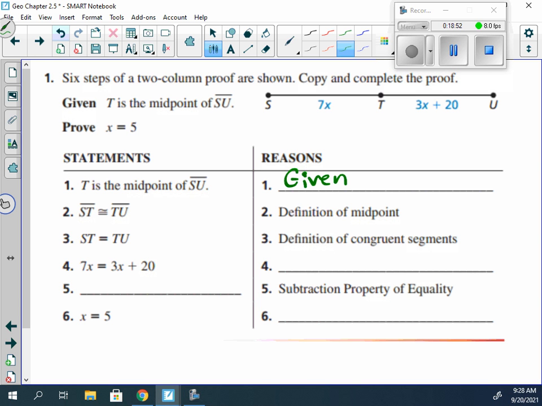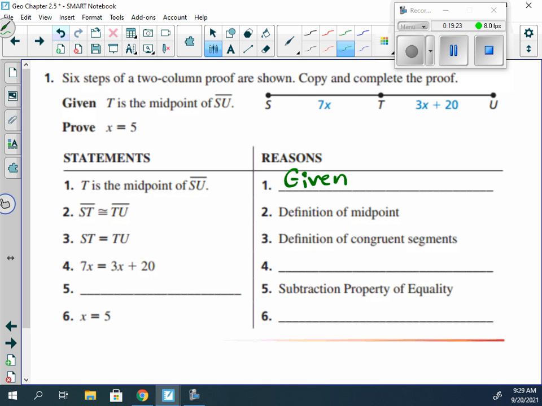Because the definition of a midpoint is a point that divides the line into 2 congruent segments. So following that T is the midpoint, we can say that line segment ST is congruent to line segment TU. Why do we know it cuts it into 2 congruent segments? Because of the definition of a midpoint. That's what a midpoint is.